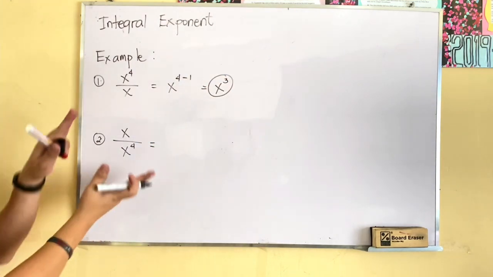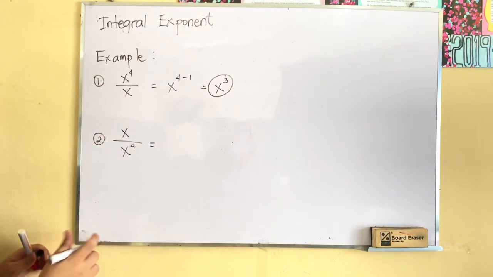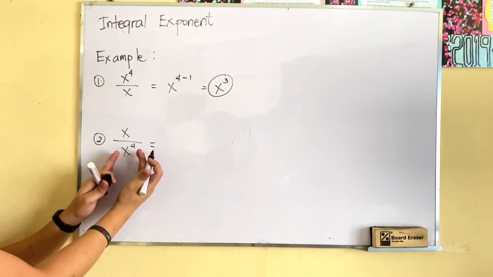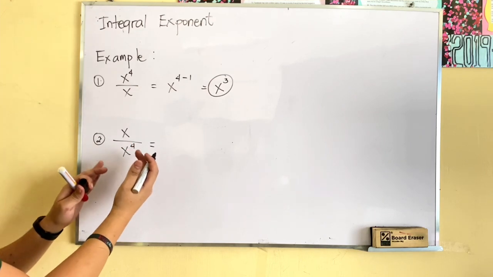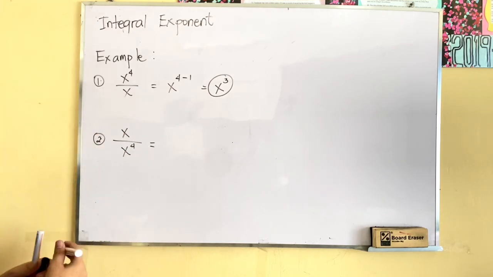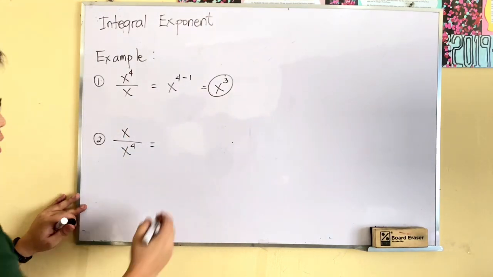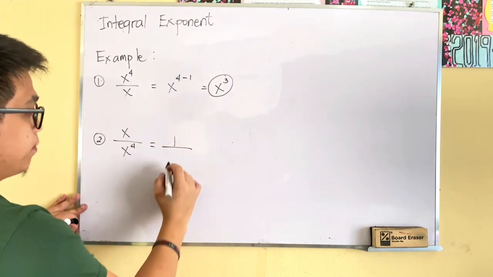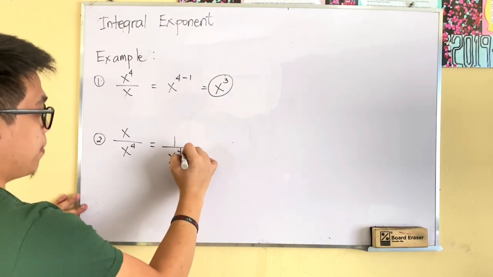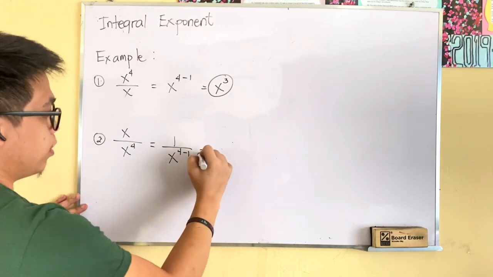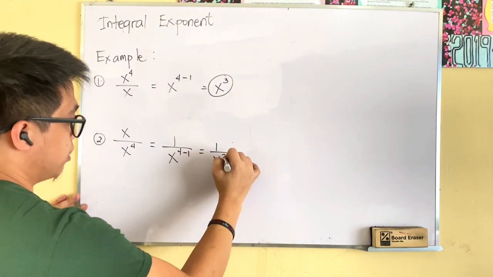If it were reversed, with the higher exponent in the denominator, we would have 1 over x raised to 4 minus 1, which is equal to 1 over x cubed.